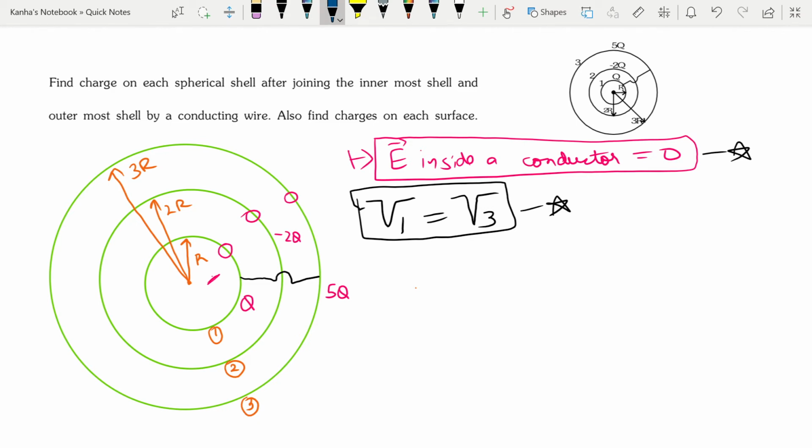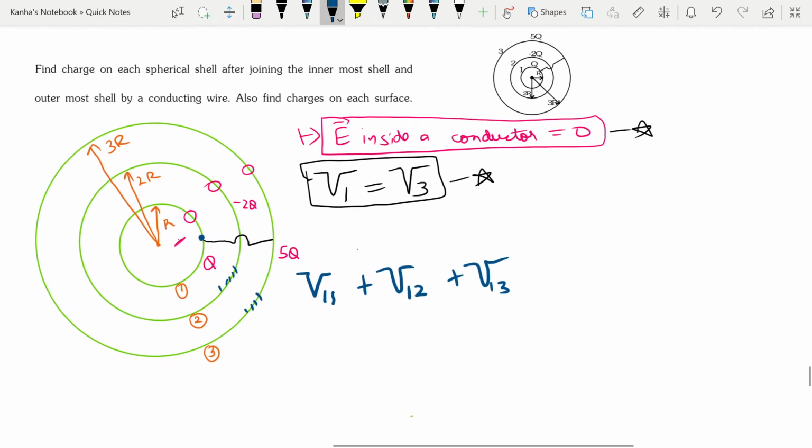So what is V1? V1 can be written as V at shell 1, which is any point on this shell, due to the charges on shell 1, plus due to the charges on shell 2, plus the potential due to the charges on shell 3.